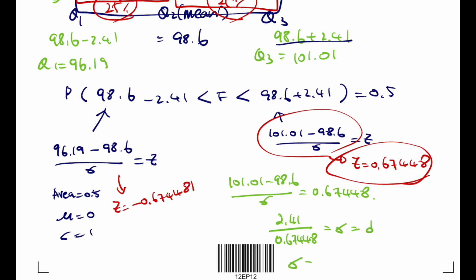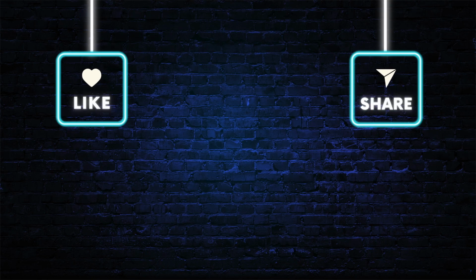The standard deviation that we have calculated is 3.57307. So we can calculate the D value as 3.57. So we have completed this examination paper.